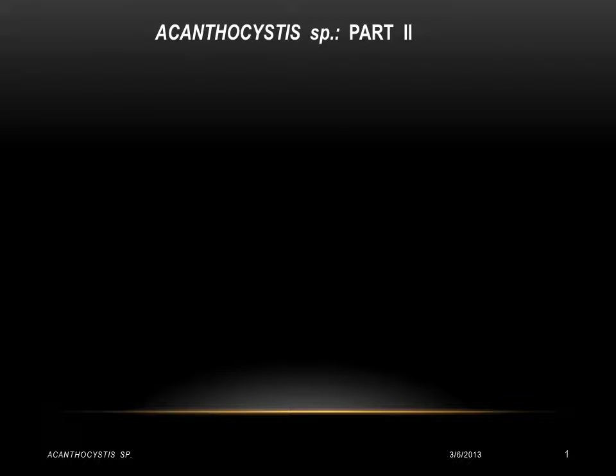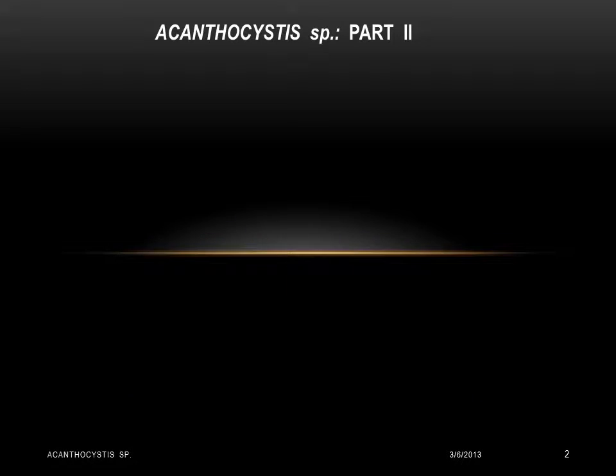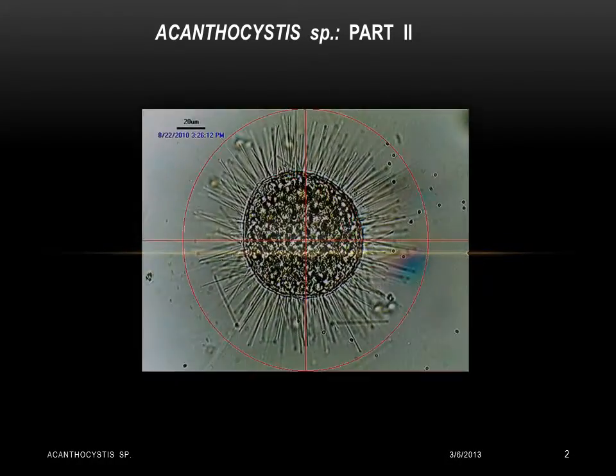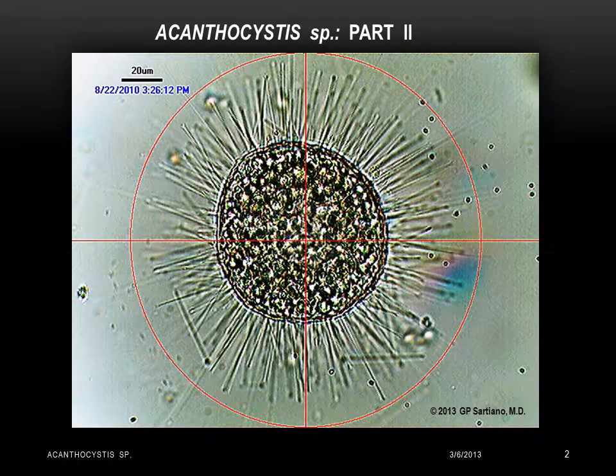Acanthocystis species, Part 2. Note that the organism is a heliozoan actinopod with a spherical body covered in scales and numerous long, narrow projections of several varieties.